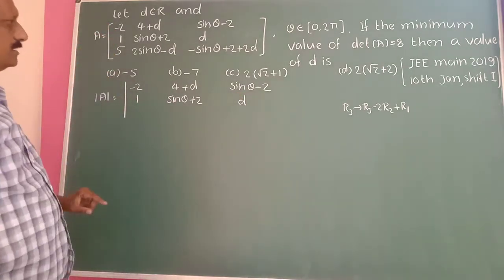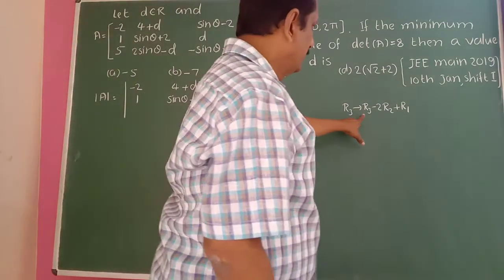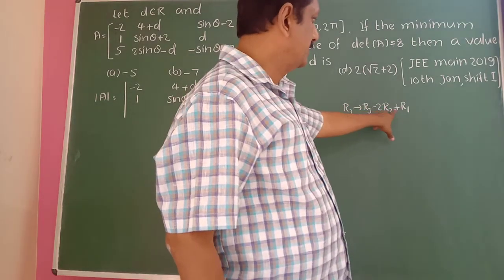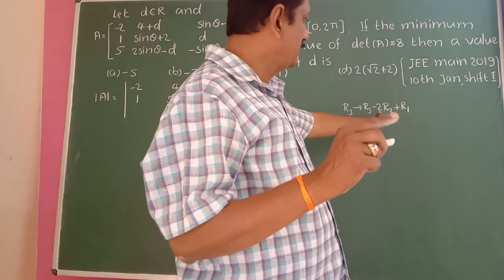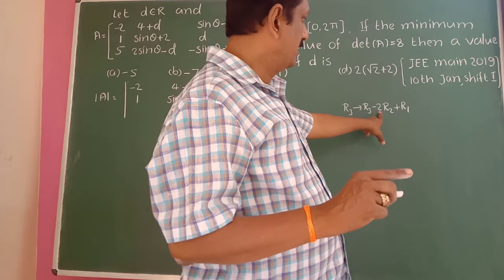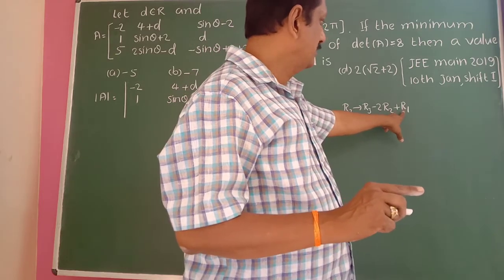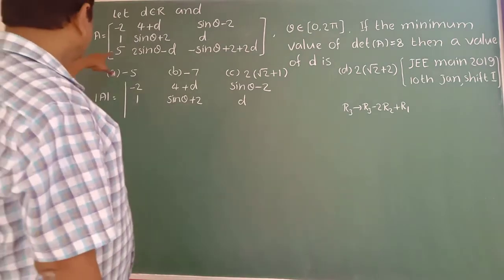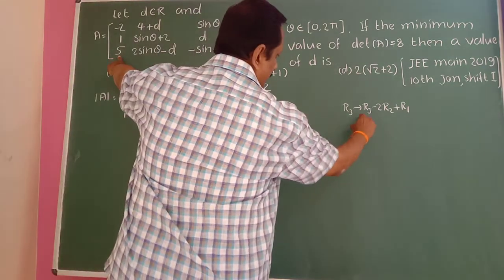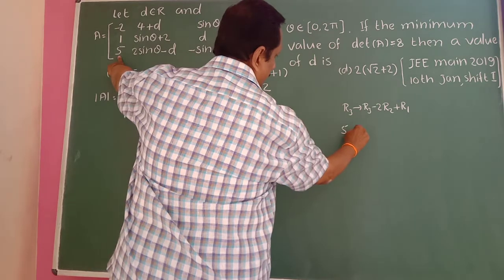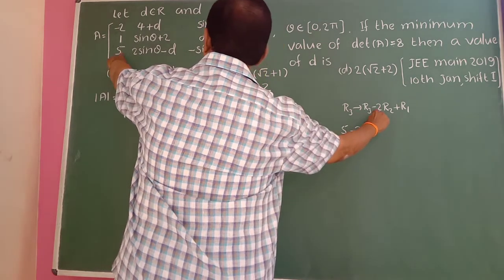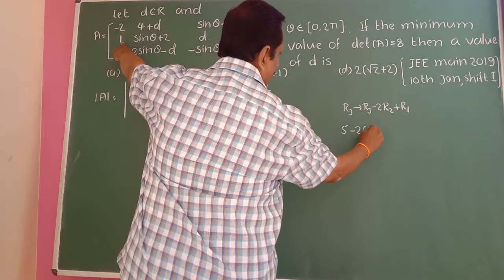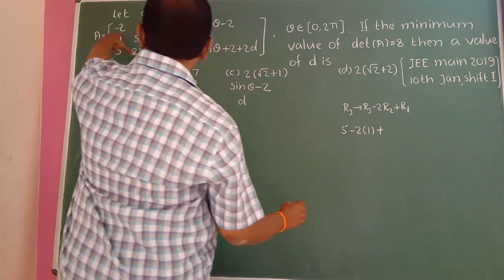The third row is given by R3 minus 2R2 plus R1, meaning multiply the second row by 2, add the first and third rows, and subtract. So very simple here. Write this 5. R3 means 5 minus 2 into R2, this 1 here, then plus this minus 2 here.